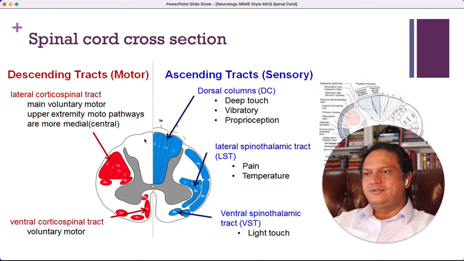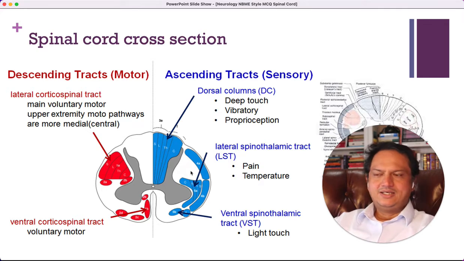Now here, just for the sake of simplicity, we are looking at one side of the body. In red are the descending tracts or pathways with the body's information coming down, and the ascending tracts on the other side in blue, although the exact blue can be copied over on the other side and the exact red can be copied over on this side, to form the full spinal cord.